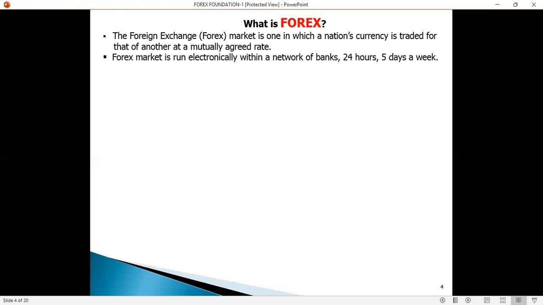The Forex market is run electronically within a network of banks, 24 hours a day, 5 days a week. I've had this question in the past where people ask me, is there a particular place people need to go to trade Forex?